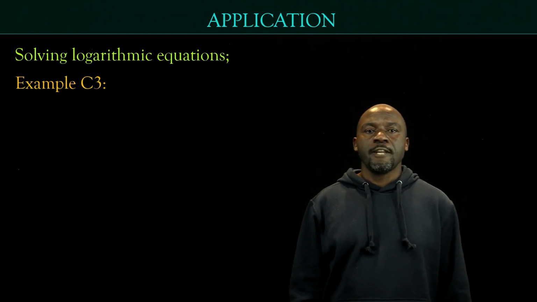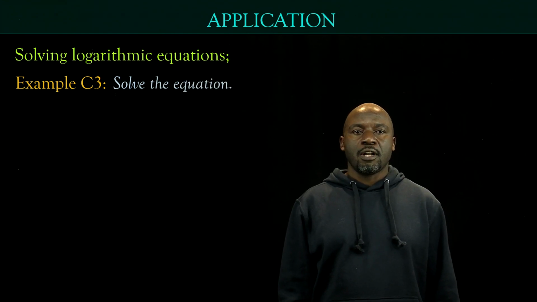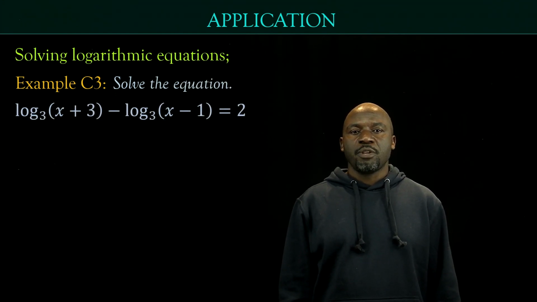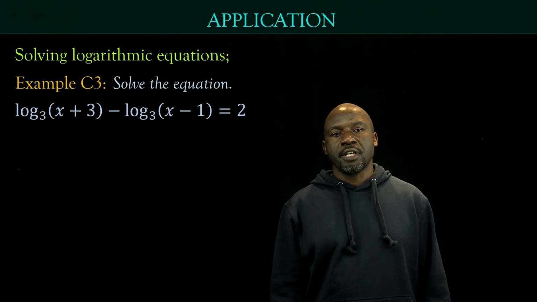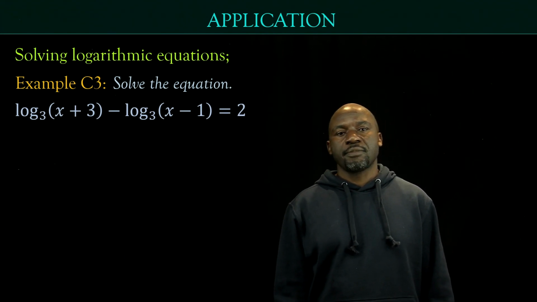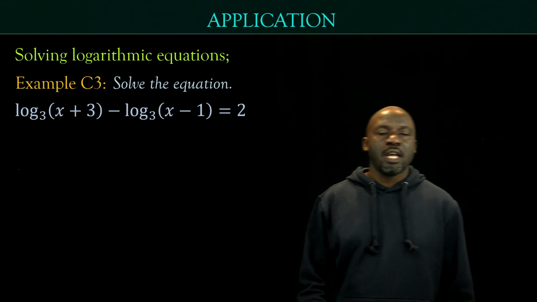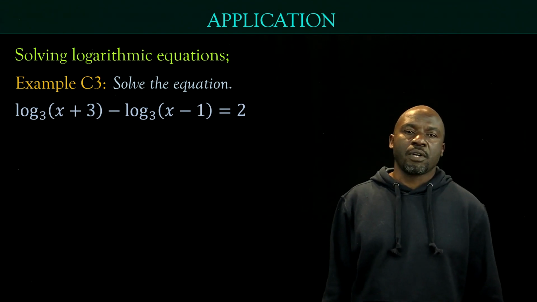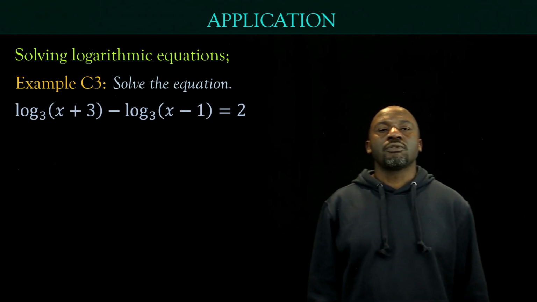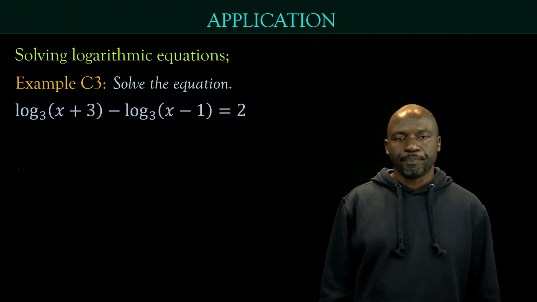Question number 3 says solve the equation log to base 3 of (x plus 3) minus log to base 3 of (x minus 1) is 2. Again, please pause the video and see if you can use the method we've used earlier to solve this particular logarithmic equation.